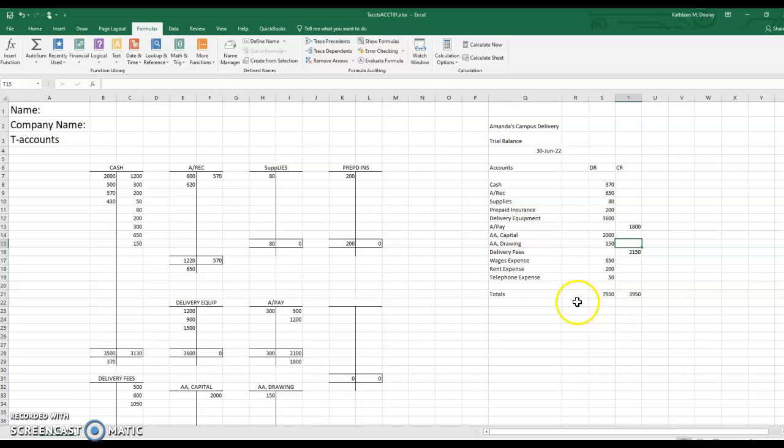Okay, so now our debit totals $79.50 and our credit totals $39.50. So your first step would be to take the $79.50 minus the $39.50, and that's $4,000 is your difference. And you look and see, is there anywhere where there's a 4,000 in here?